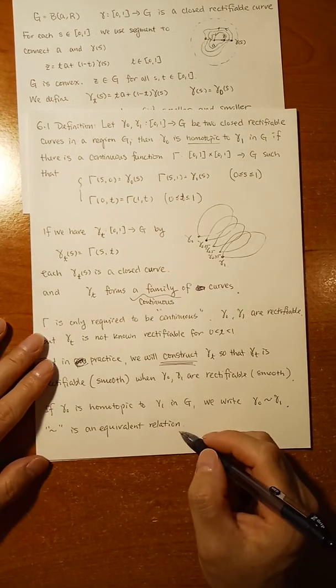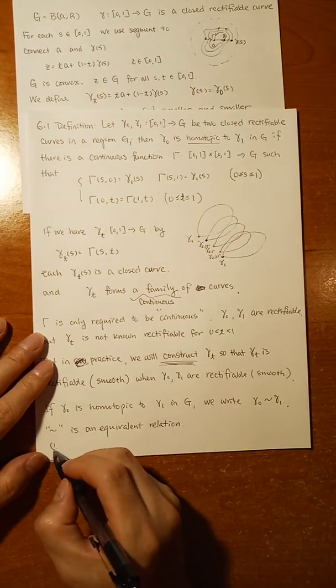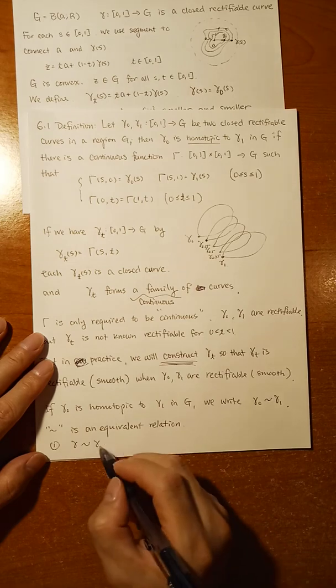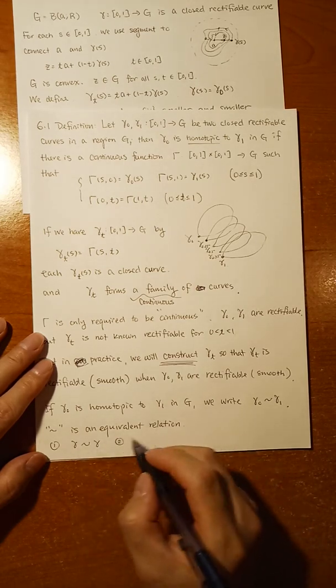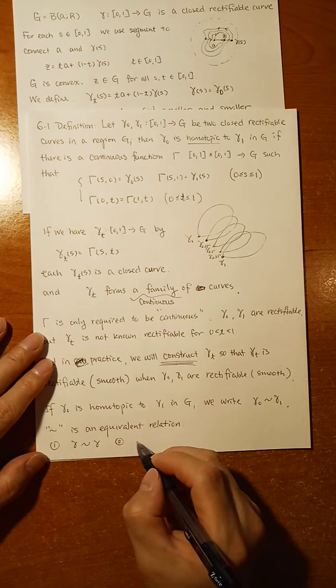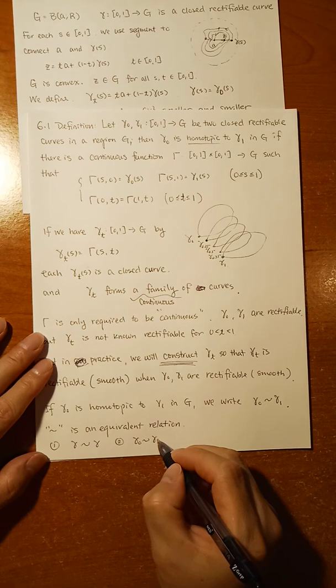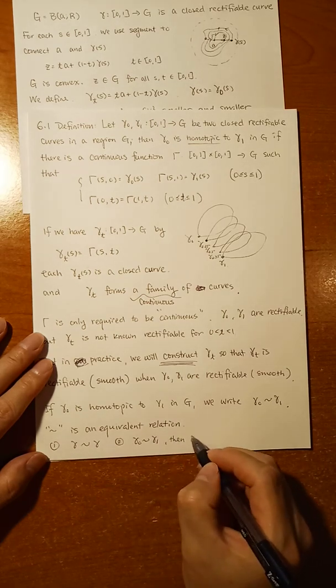What is an equivalence relation? An equivalence relation means three conditions. Condition 1, gamma is homotopic to itself. Condition 2, if gamma 0 is homotopic to gamma 1, then gamma 1 is homotopic to gamma 0.